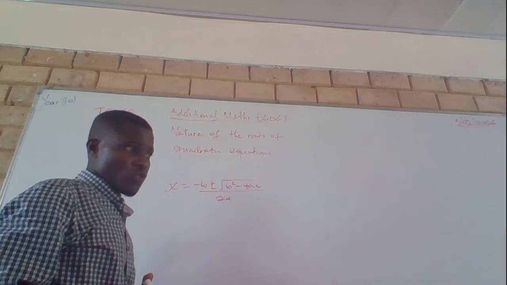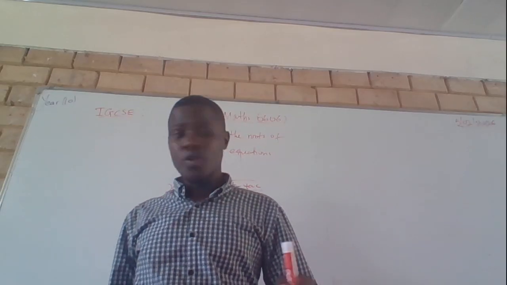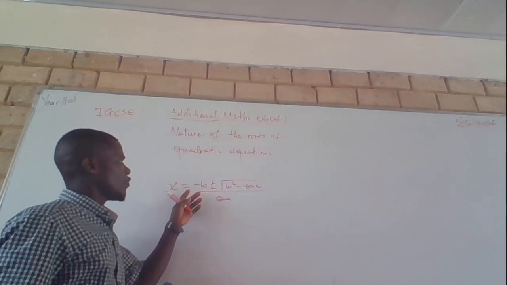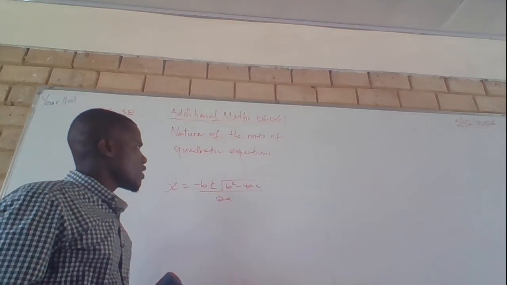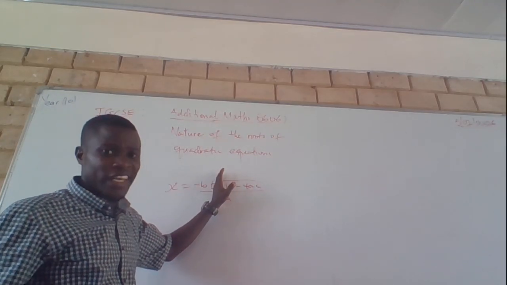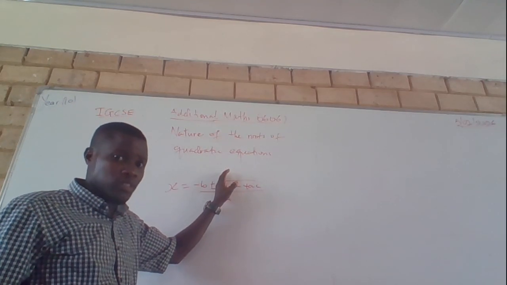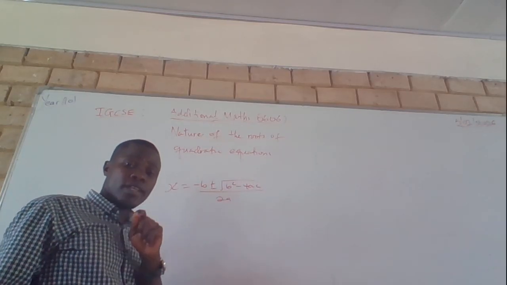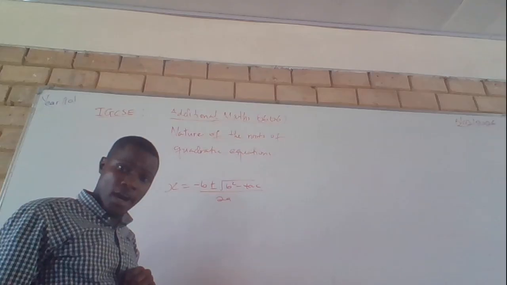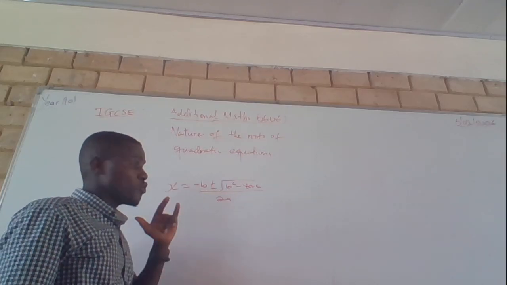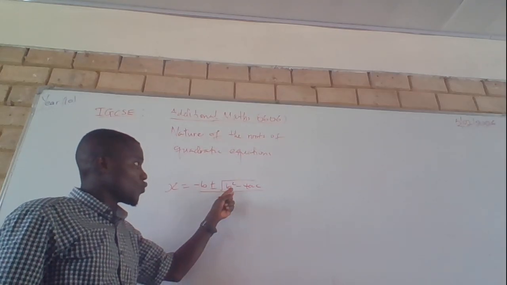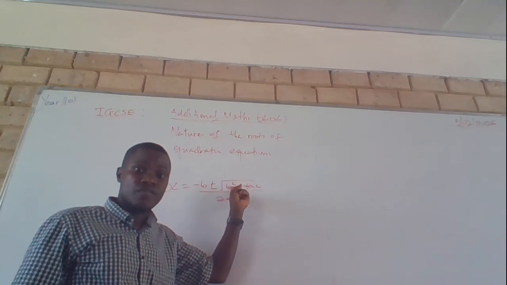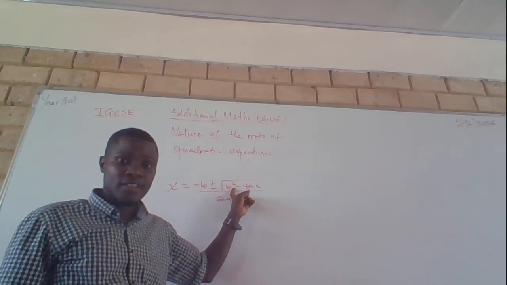This is it. But guess what? You see that this square root, whatever is in the square root there, the radical, actually tells us what the nature of the roots are. Because of that, we normally cannot have a negative number here, right?